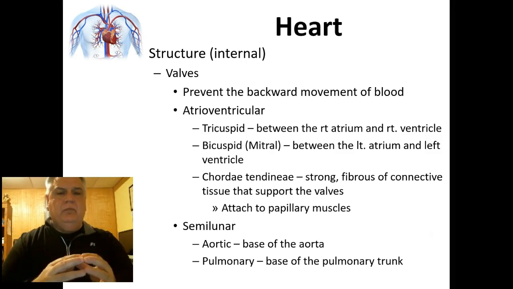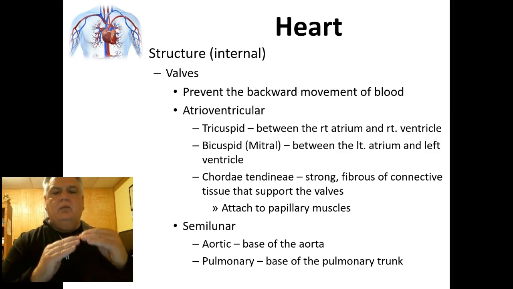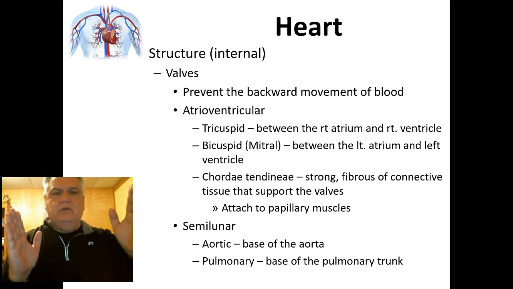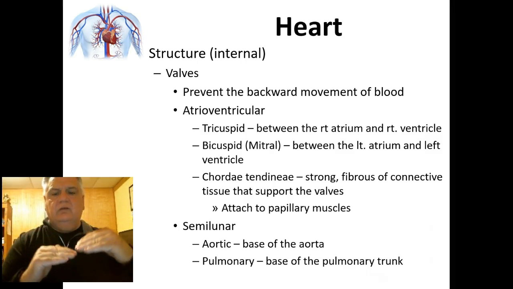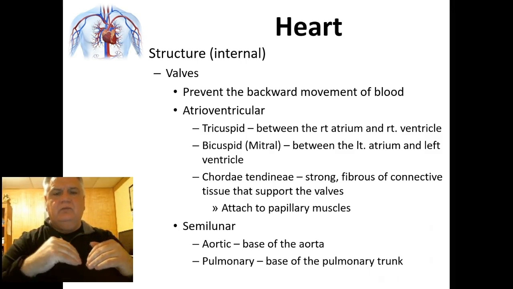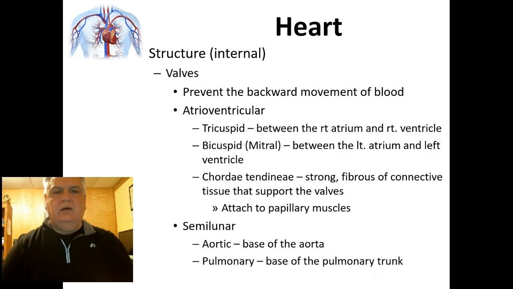It's located at the base of the pulmonary trunk, which allows blood to exit the right ventricle on its way to the lungs. So the pulmonic valve opens up when the right ventricle contracts. When the right ventricle relaxes, the valve closes and stops blood from falling back down into the right ventricle.